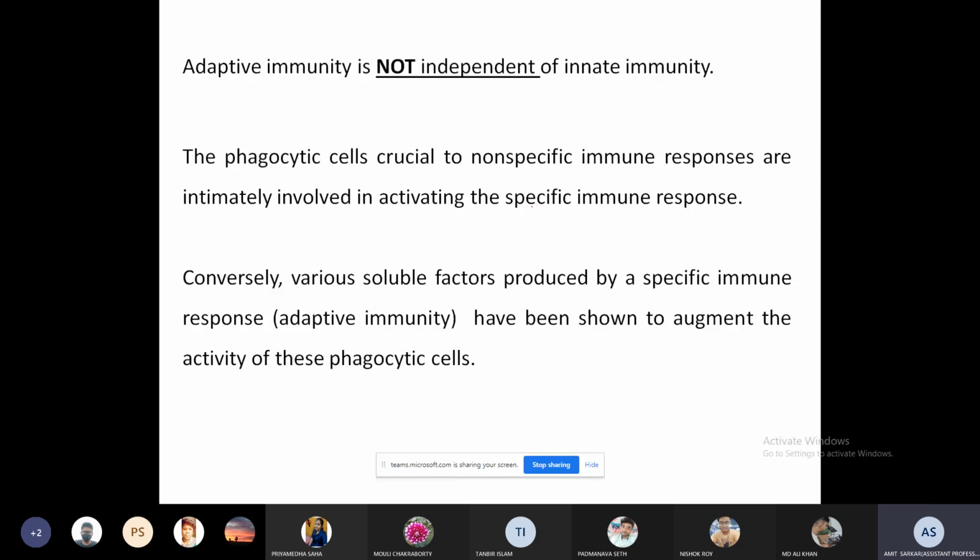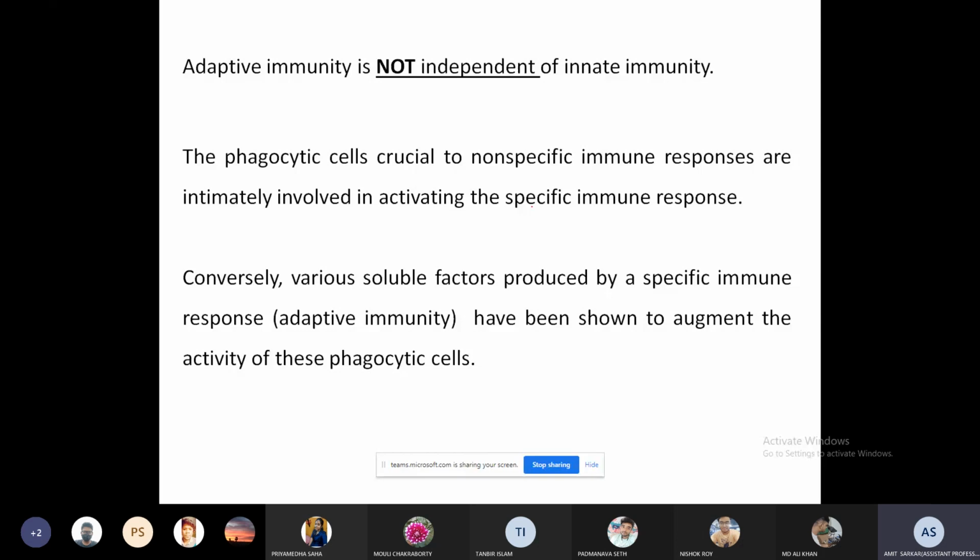If you go into my first slide, as I shared with you, the person who advocated cellular immunity besides humoral immunity, Eli Metchnikoff, commented that whenever the macrophages, the phagocytic cells, are getting activated, they're also showing a robust specific adaptive immunity as well.